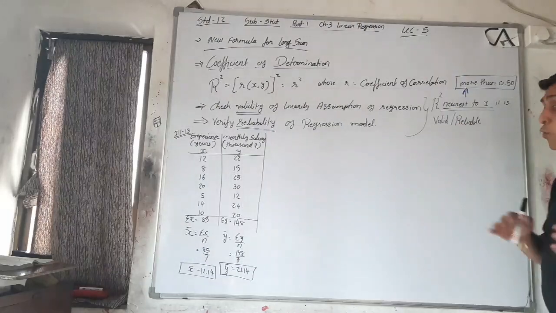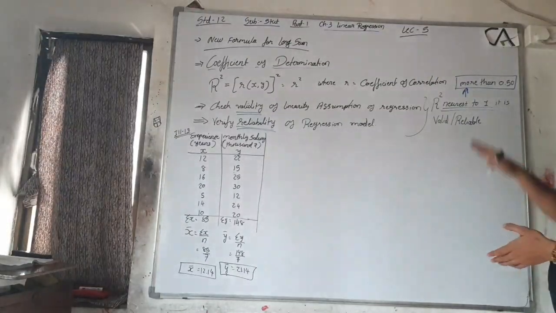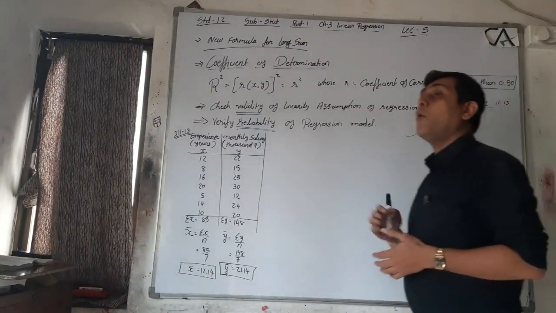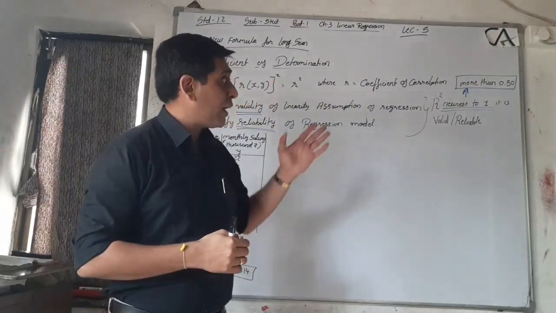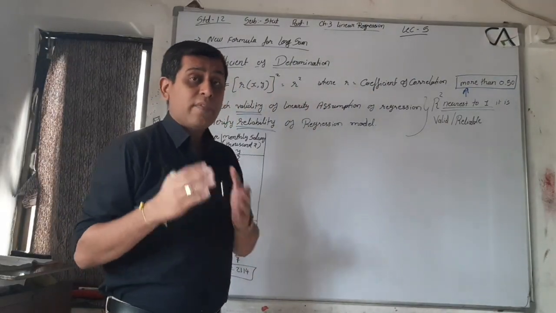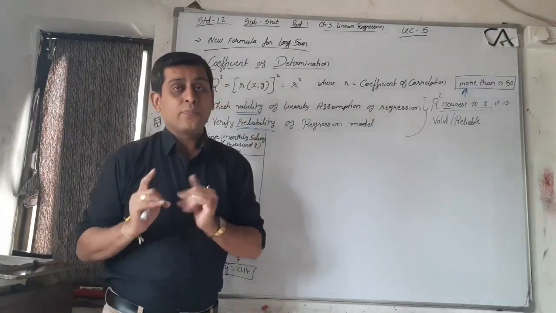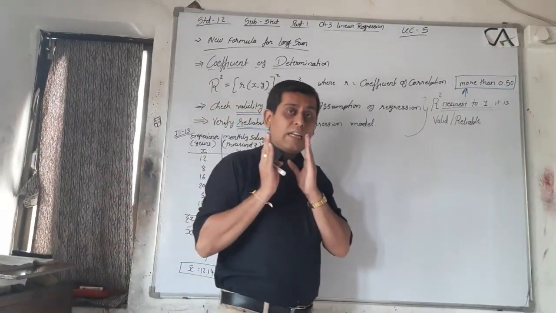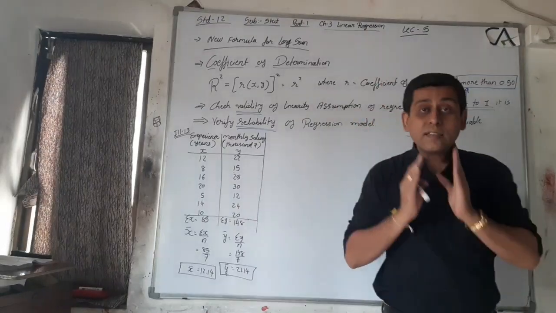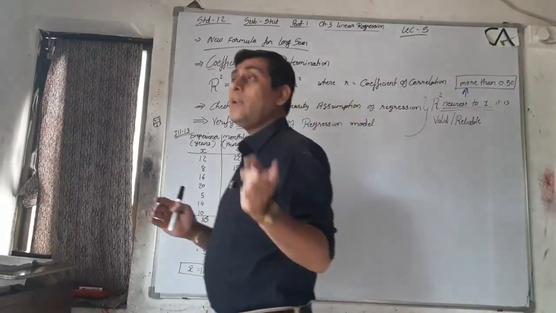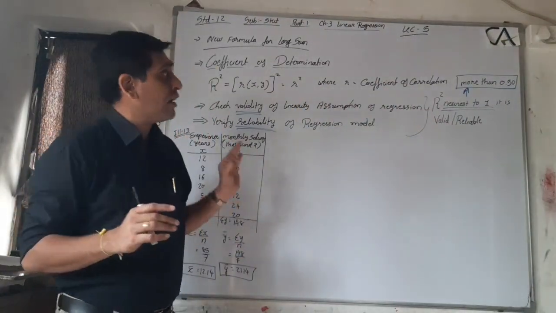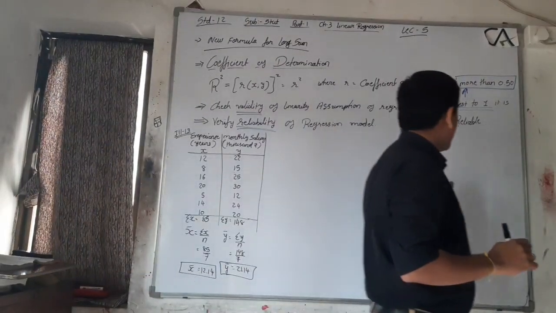What does nearest to 1 mean? If it is more than 0.50, then it is nearest to 1 and it is valid or reliable. Or if the answer, that is R square, is less than 0.50, then it is not reliable or not valid, right?